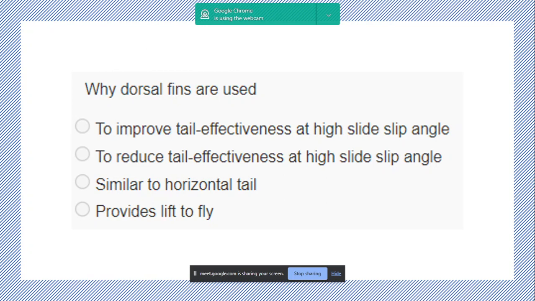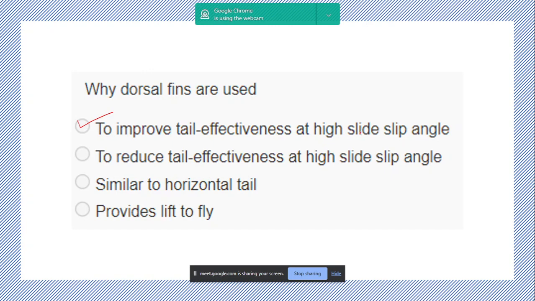But what happens if you don't use it? Yeah, so if you use it, it increases the stalling angle, right? Yes, correct. So the answer here would be what? Yes, exactly. To improve the tail effectiveness at high side slip angles.